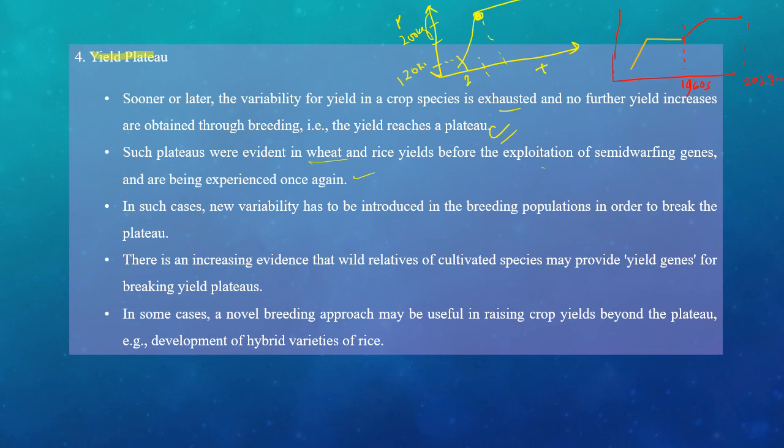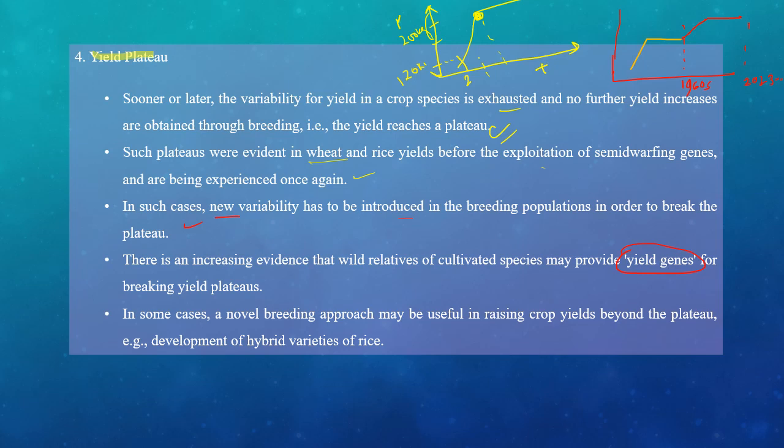So in such cases, new variability has to be introduced in the breeding population in order to break this plateau. That means we have to find new variability. There is increasing evidence that the wild relatives of the cultivated species may provide yield genes. Suppose we don't know anything, we go to our elders like Dada Nani to ask them.